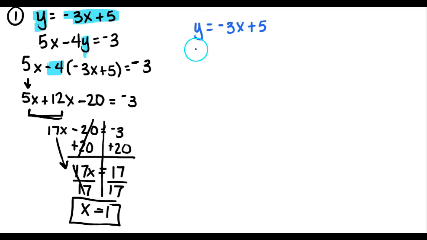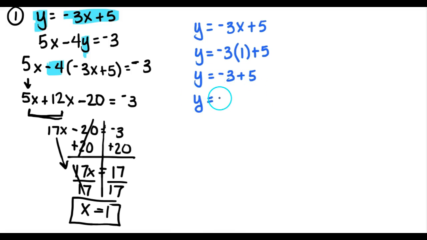So y equals negative 3, take out the x, put in that 1, plus 5. We get y equals negative 3 plus 5, and now we go back to basic integer stuff. Negative 3 plus 5 is 2. So the solution to this is 1, 2.